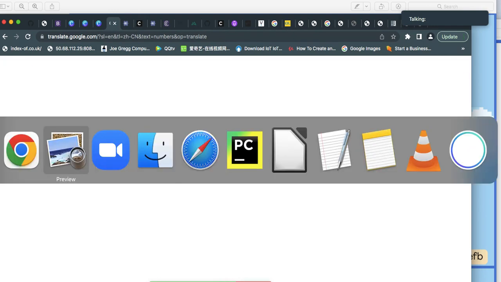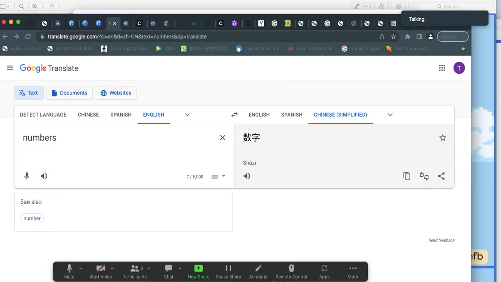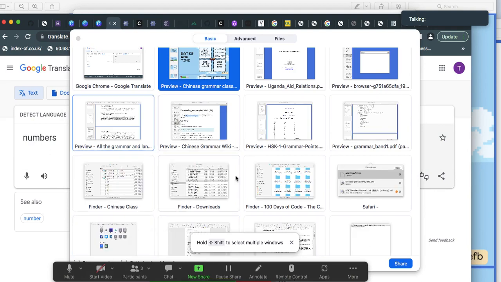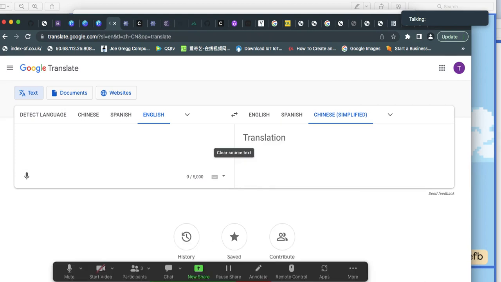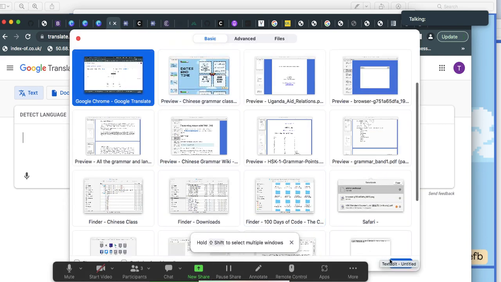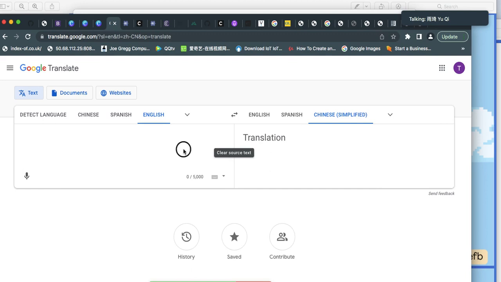Okay, there we go. New sharing. Google Translate. Okay, can you see my browser? Yes. Ah, good, thank you.